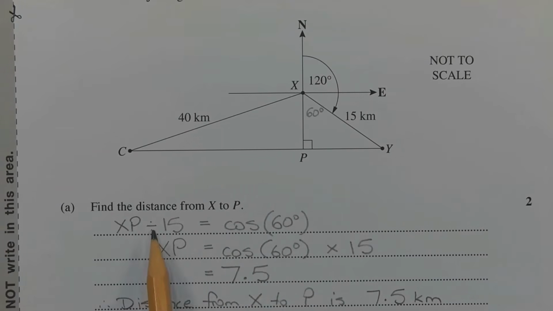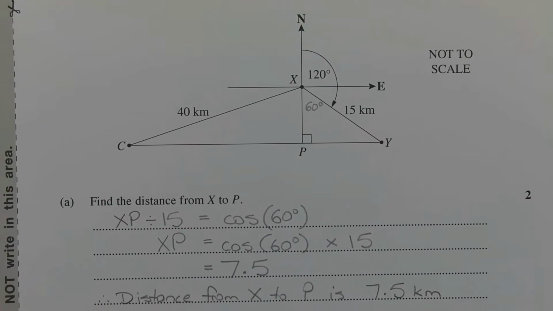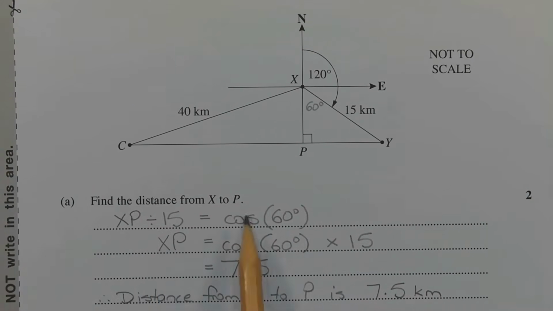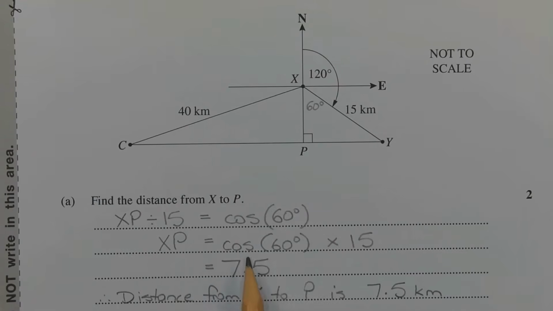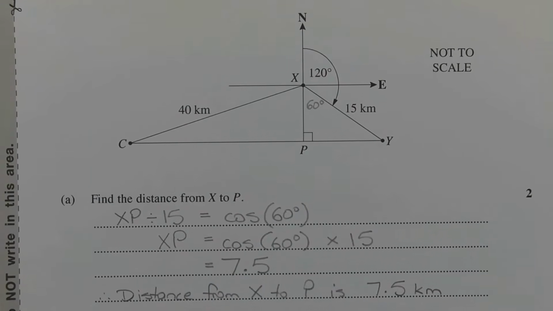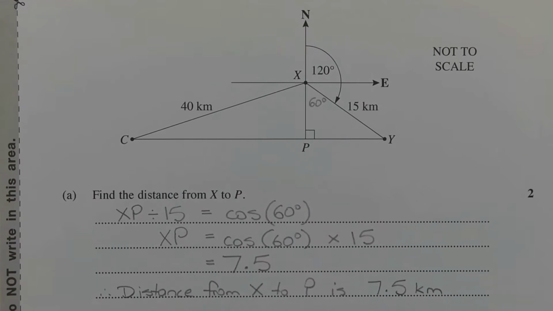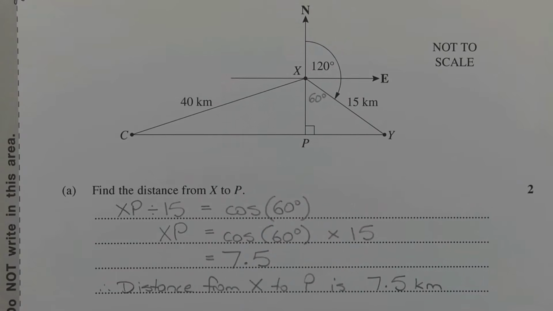So XP divided by 15 is equal to cos 60 degrees. Multiplying both sides of this equation by 15 to make XP the subject, we get XP is equal to cos 60 degrees times 15, which equals 7.5. Therefore, the distance from X to P is 7.5 kilometers.